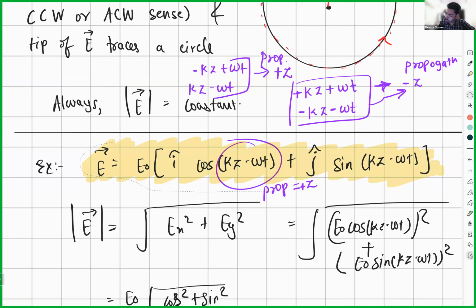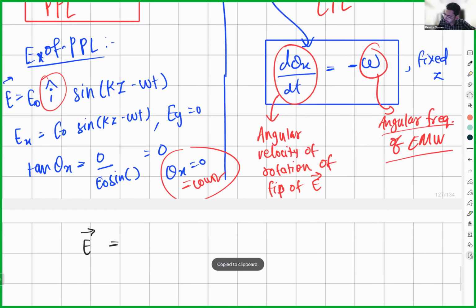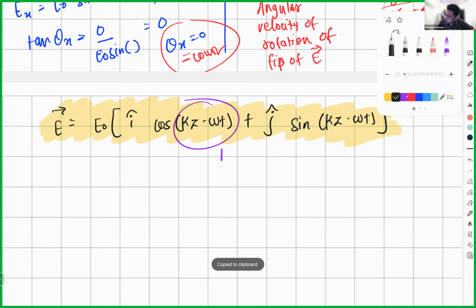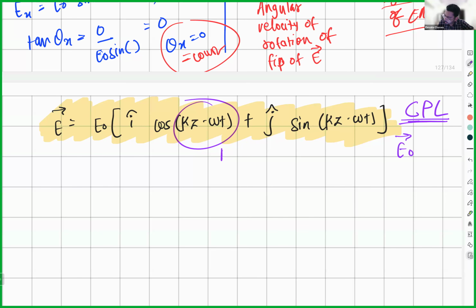In this example, this is circularly polarized light, right? Because your electric field magnitude is a constant.